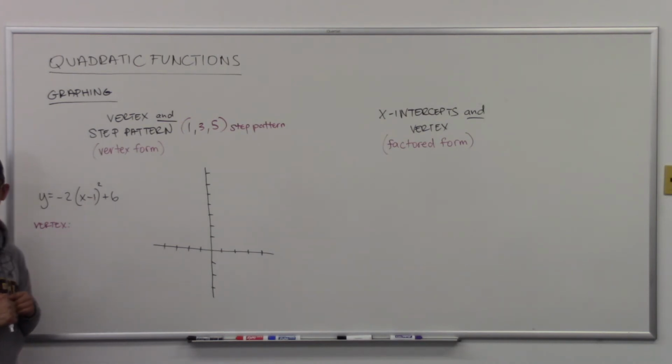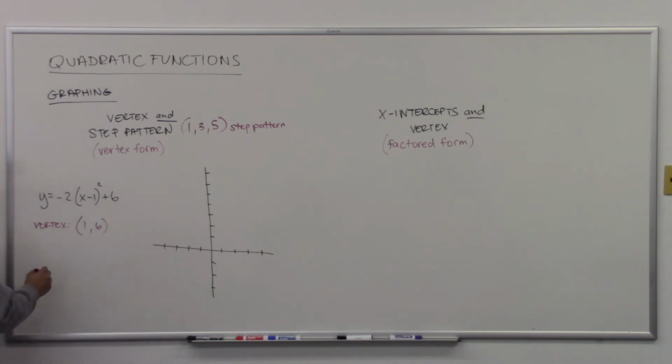Nope. It's close. Okay. Got it? Yeah, you have to get that down, okay? So, yeah, it's HK, which is 1, 6. Remember that H is always the opposite, okay?